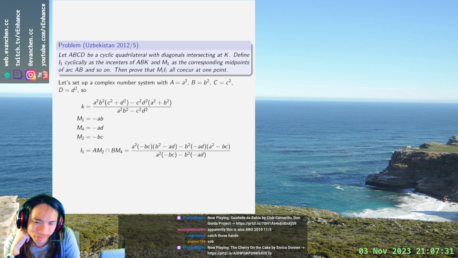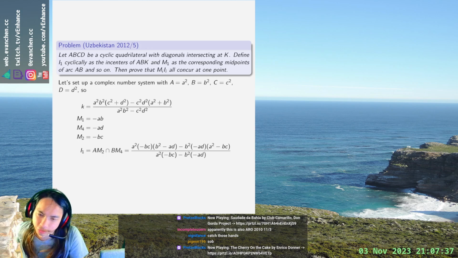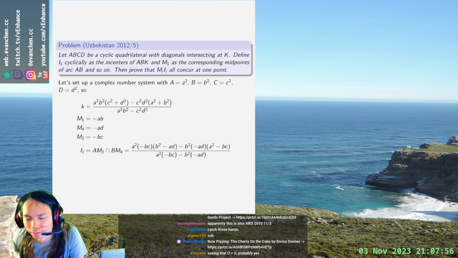So I wonder if I don't really need to know. If I'm going complex anyways, do I care that the intersection's on OK? Will that make it easier for me to guess the intersection? I feel like it might not, because I could just not deal with K. I could just say, here's the equation for line M1, I1, and then write down the analogous equations.